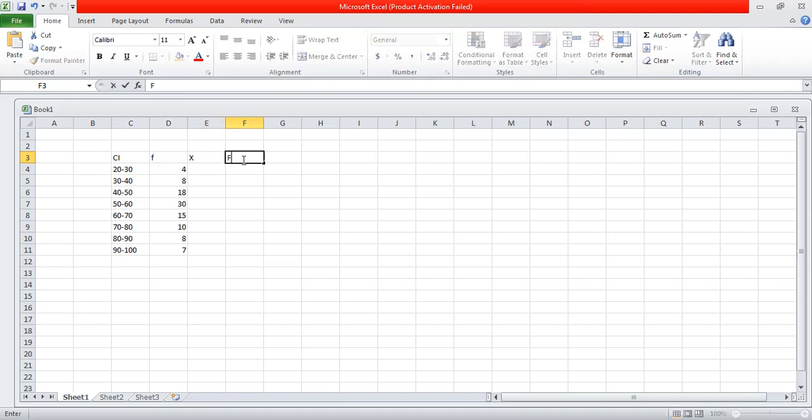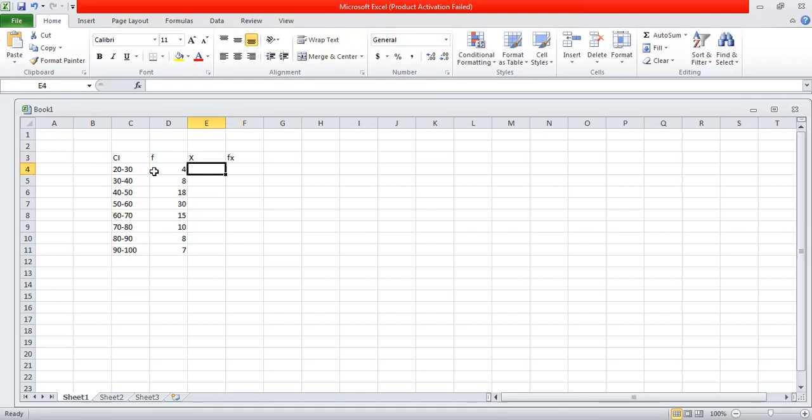Next we have to find fi into xi. So I'm just writing f into x. Now coming to x, what is the x mid value? For 20 and 30, you have to calculate the mid values. In the first column, you can write all the lower limits, and in the second column, the upper limits.